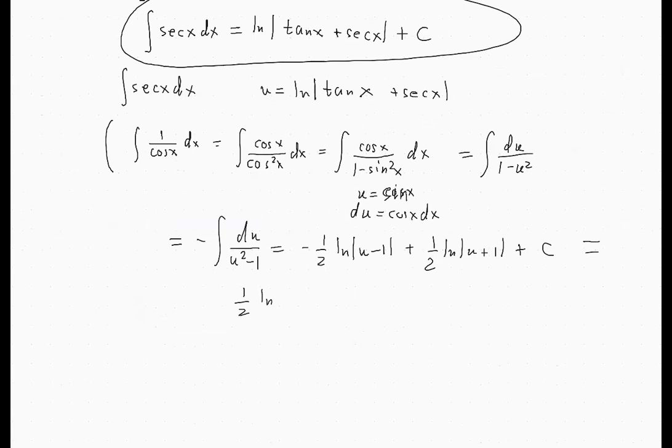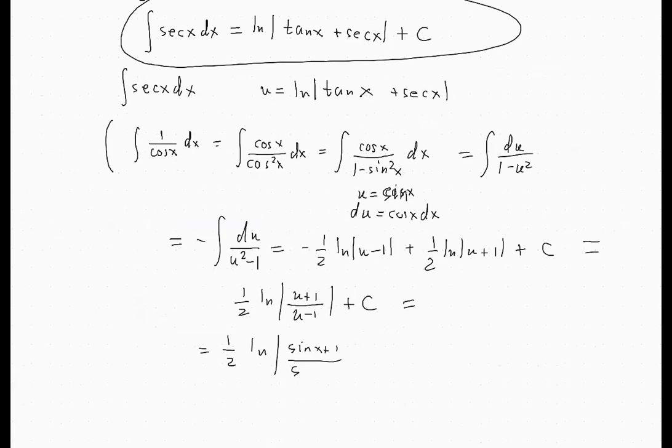Now what you do here is you can actually rewrite this as 1/2 ln of, u was sine x, so sine x plus 1 over sine x minus 1. It seems that we're doing the whole thing after all.